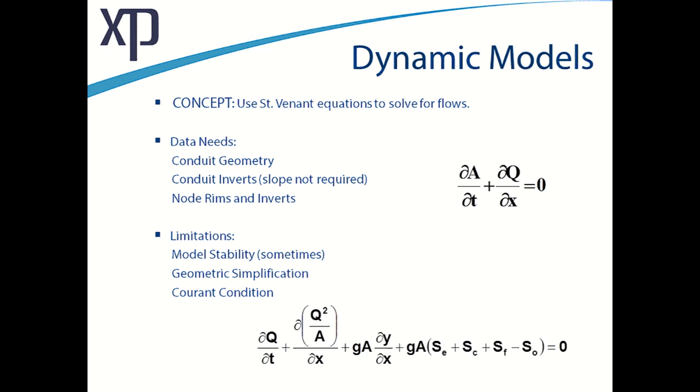Limitations, not really too many anymore. We do have model instability at some times, even though that's pretty rare today. I don't see it at all. Well, I shouldn't say at all, but very rarely. And we still do have to do some geometric simplification.